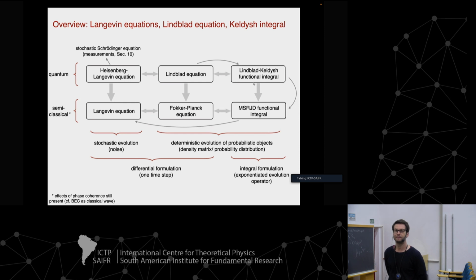Like for generic problems, or do you have to look at specific actions? I would say I would trust it most for bosonic theories, but otherwise you don't have to be very specific.